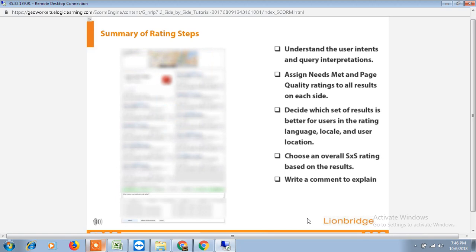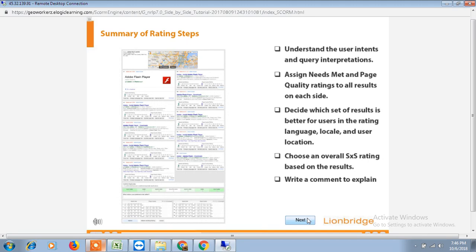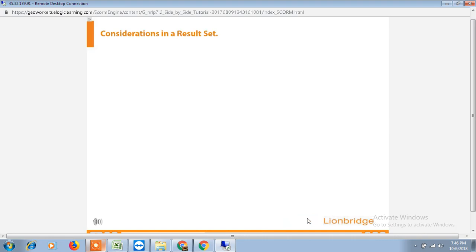Per the general guidelines, remember to do research on the query and only release tasks if after research you don't understand the query or user intent for the task. When assigning a side-by-side rating, the most important consideration is how helpful the result set is.